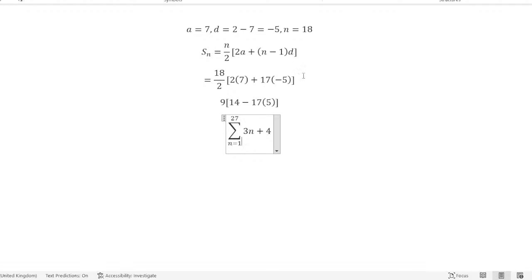Remember, in this one you cannot write up to 27 terms on paper. It's going to consume a lot of time. So that's why we have this formula. I'm giving you 5 minutes to solve this. Your time starts now.